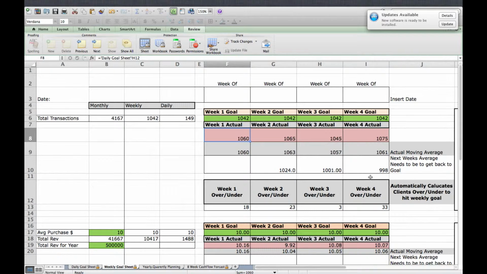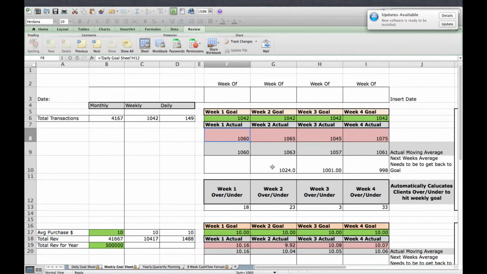Now, what this is down here where it says next week's average needs to be to get back to goal. Let's say, for instance, instead of you doing 1,060 transactions this week, you just did like 1,000, which was under your goal. What this would then tell you over here is how many transactions you need to do the next week to get back to hitting your average of 1,042 for both of those weeks.